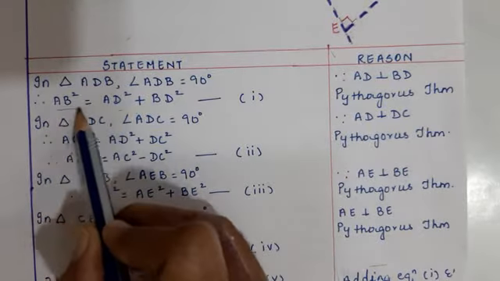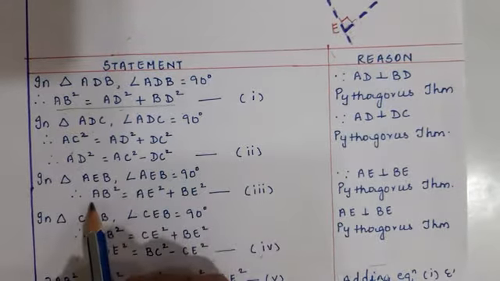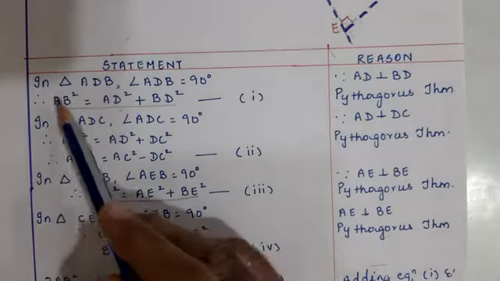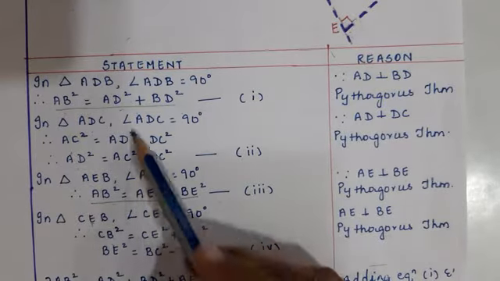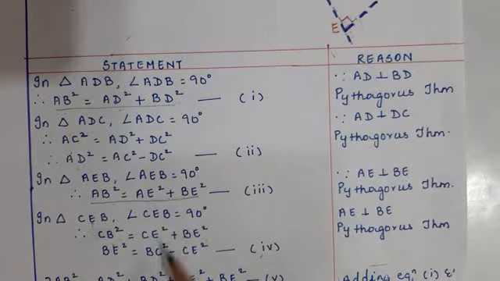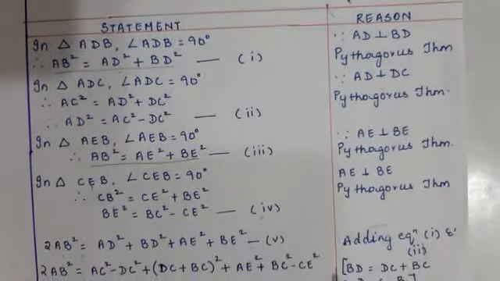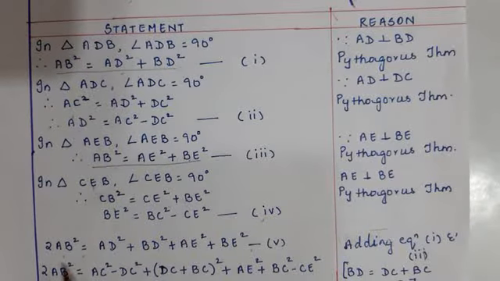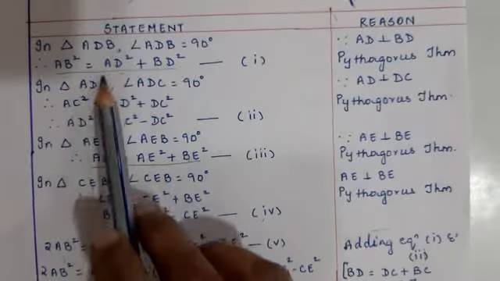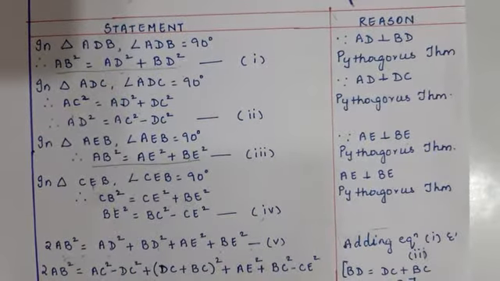I have added this equation and this equation. So I get 2AB square is equal to AD square plus BD square plus AE square plus BE square.